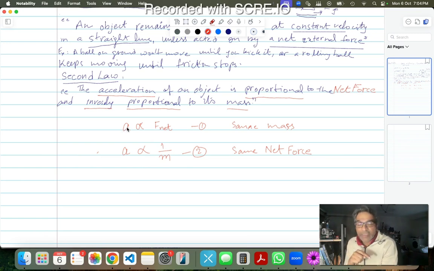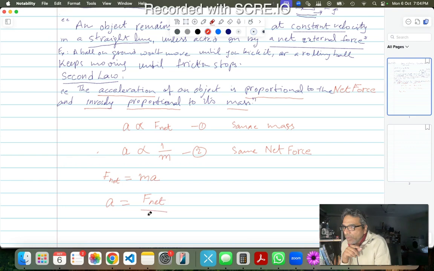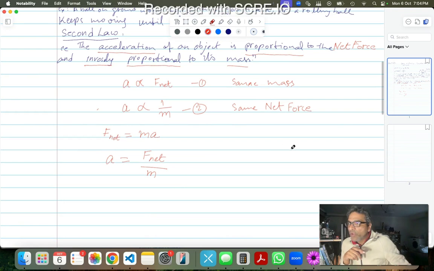If it is inversely, so what happens is, if we map both the equations, which gives us the exact formula, F net equals ma, right? From here, if I say a equals F net over m, got it?